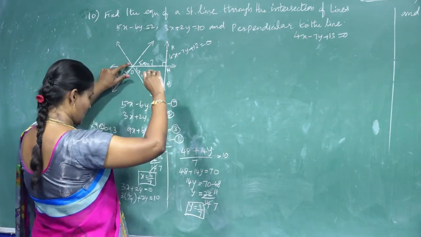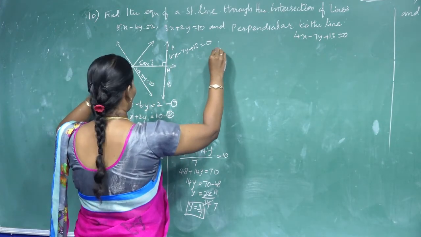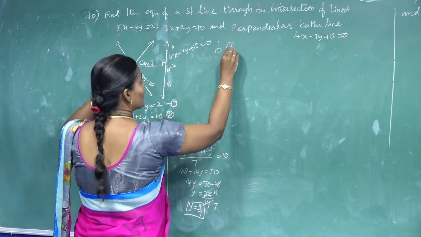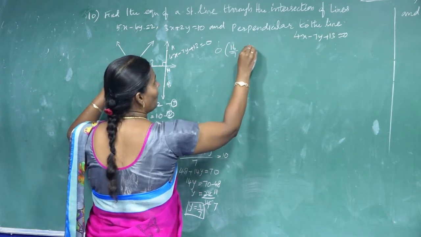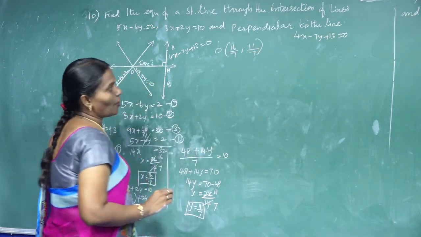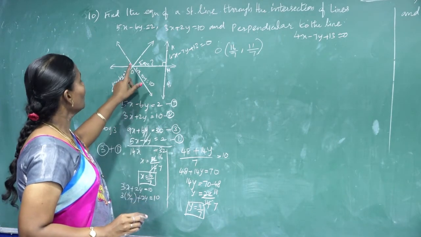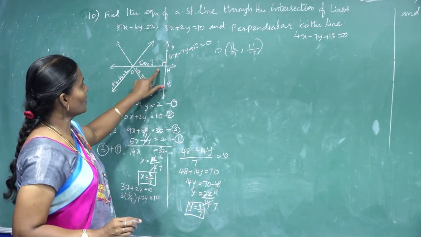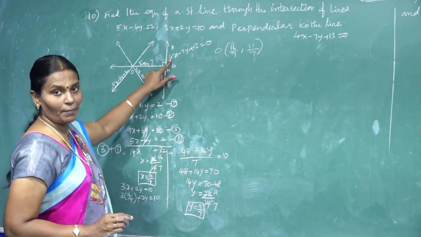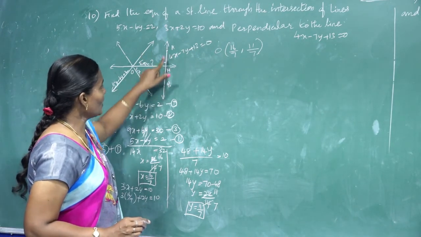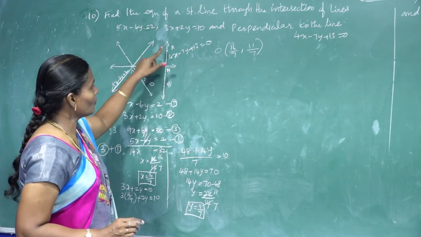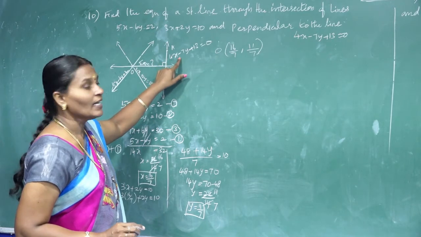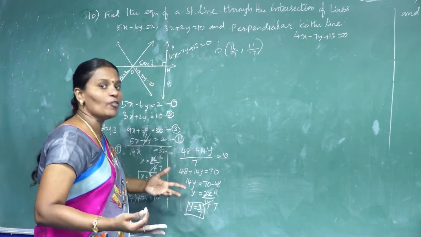So what is the point of intersection here? The point of intersection is O of 16 by 7, 11 by 7. Then you know that these two lines are perpendicular. First you have to find the slope of this line. The equation of this line is already given. How do you find the slope?